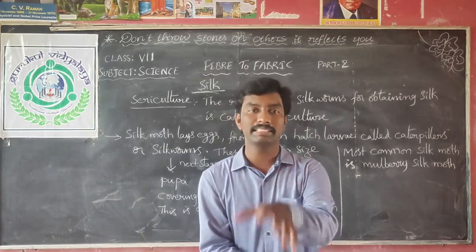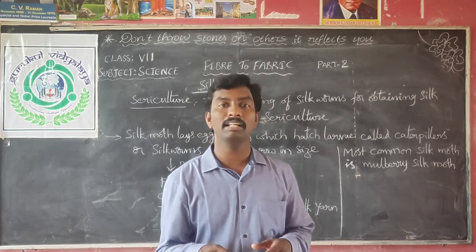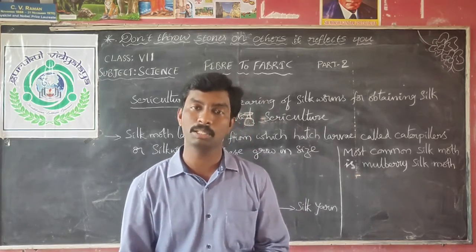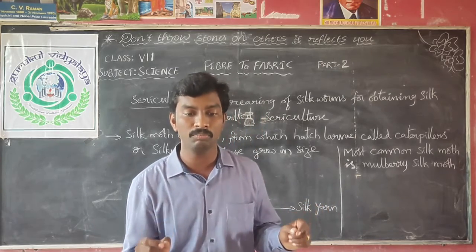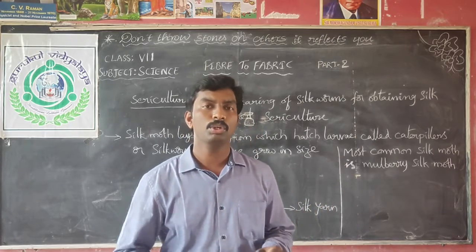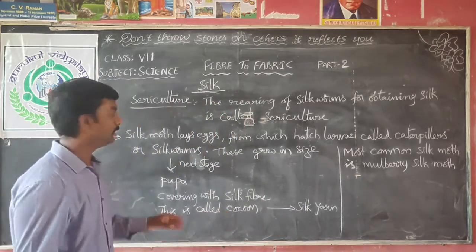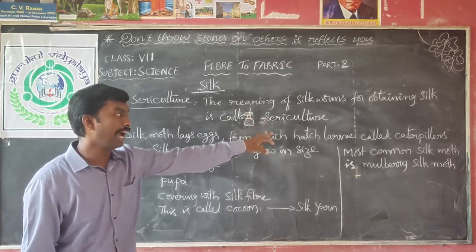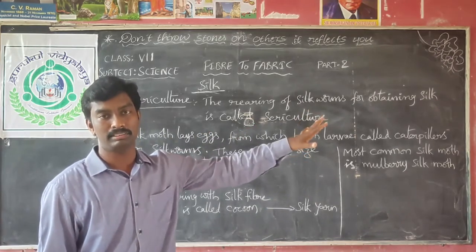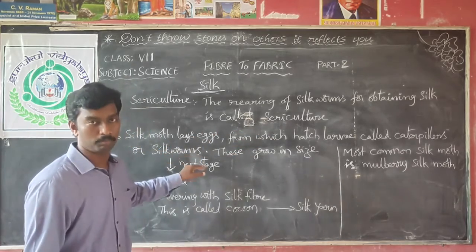Before discussing the process of silk, we have to understand the life history of the silk moth. First of all, the female silk moth lays eggs, from which hatch larvae called caterpillars, or silkworms.